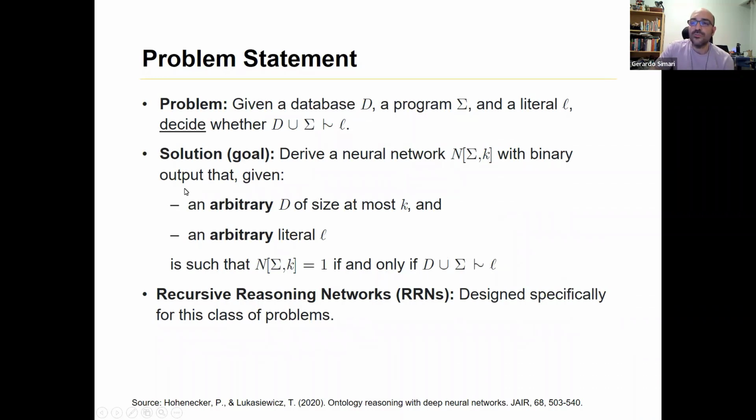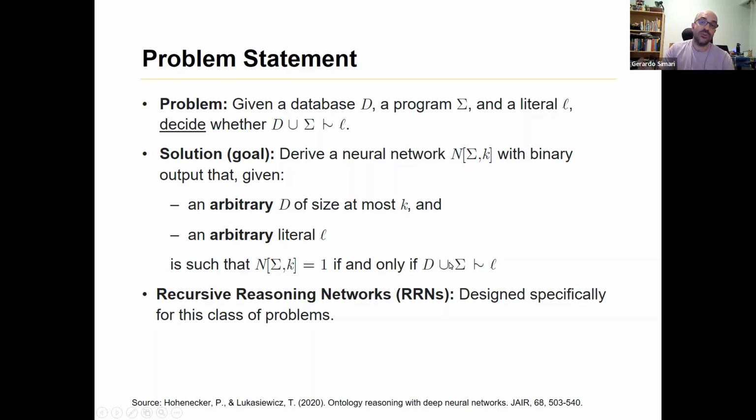So the solution, the goal that we have in order to solve this problem in the context of this article, is to derive a neural network that will be denoted with N sigma k with a binary output that then, given some sort of encoding of an arbitrary database of size at most k and an arbitrary literal, we can have this characteristic function where the output is 1 if and only if this holds true.